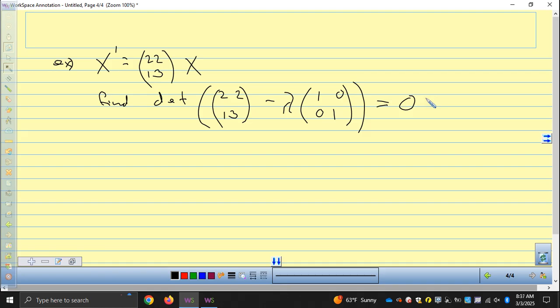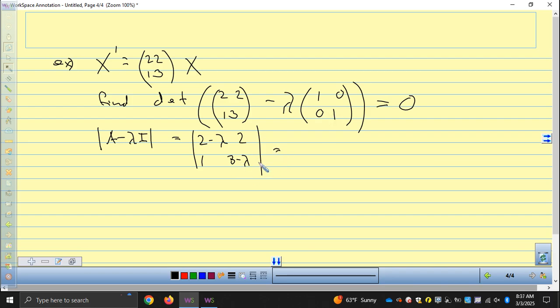What I usually do is I just write the determinant of A minus lambda I, and I think about this in my head. So we're going to get 2 minus lambda, 2, 1, 3 minus lambda. And that's our determinant: 2 minus lambda, 2 minus 0, 1 minus 0, 3 minus lambda.